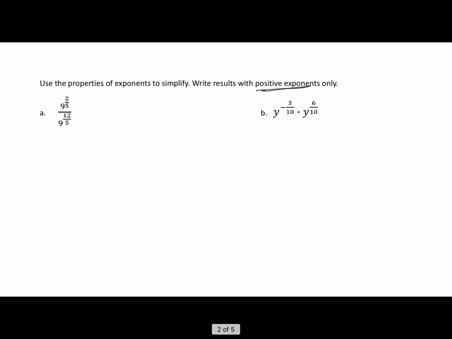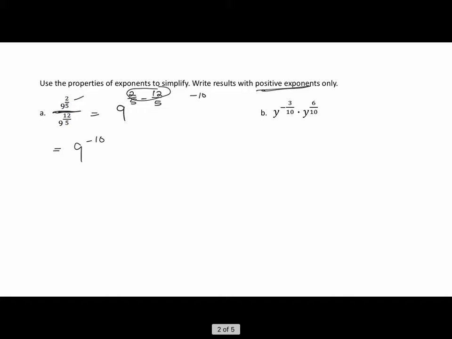So our first example, a, I've got a quotient of base 9. So I'm going to keep that base and subtract the exponents. Always the numerator minus the denominator. Okay, so that's going to be 9, and if we subtract those, 2 minus 12 is negative 10.